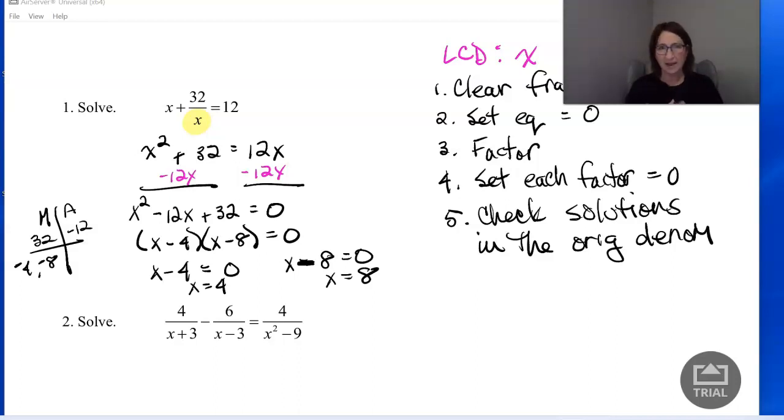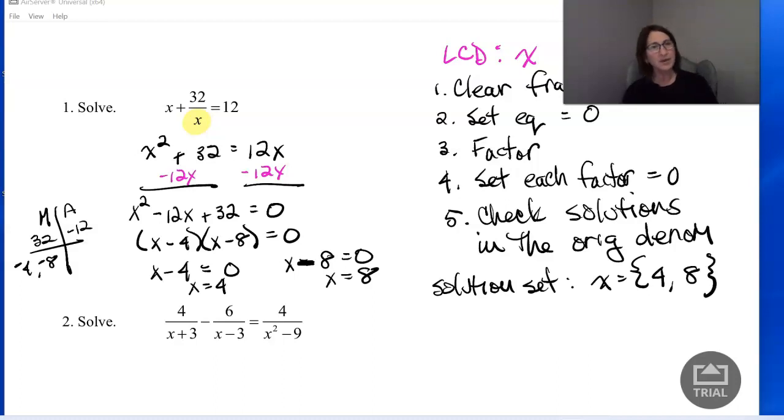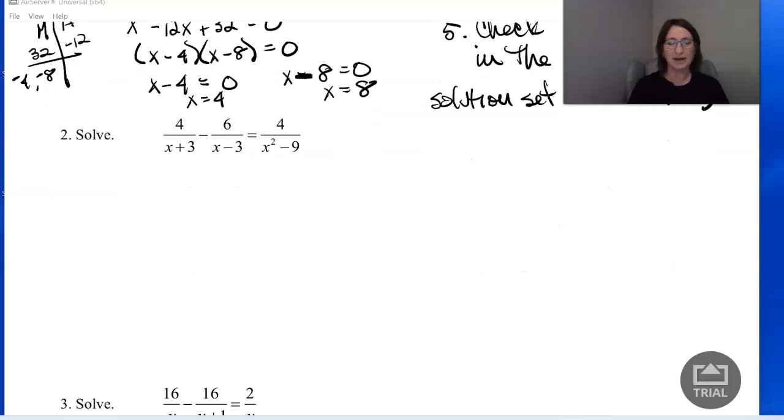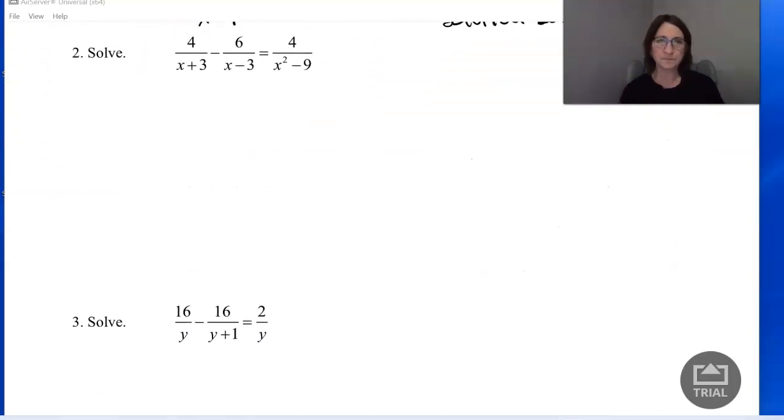And I don't have that. My solutions are 4 and 8. So those are good solutions. So my solution set is going to be X equals 4 and 8. There we go.